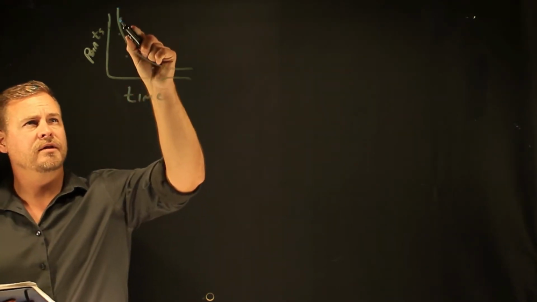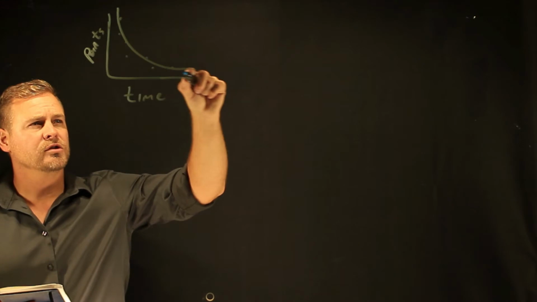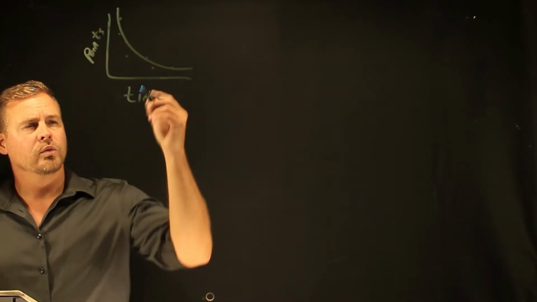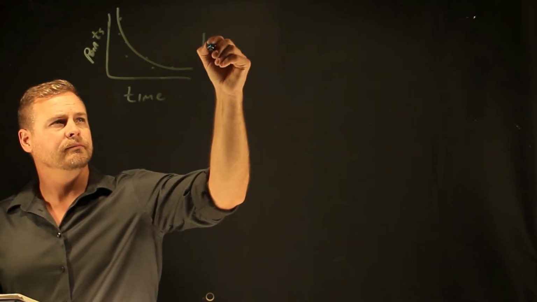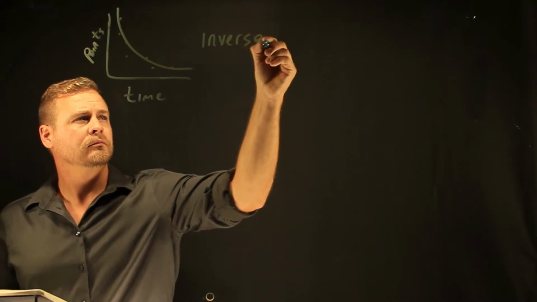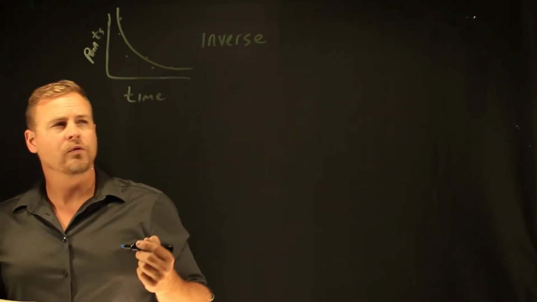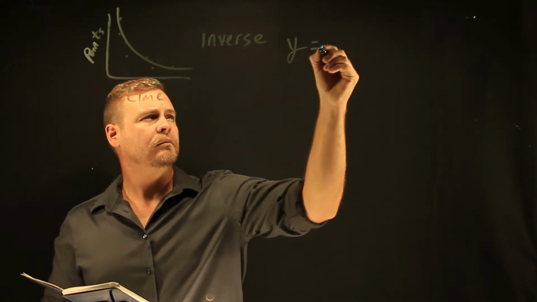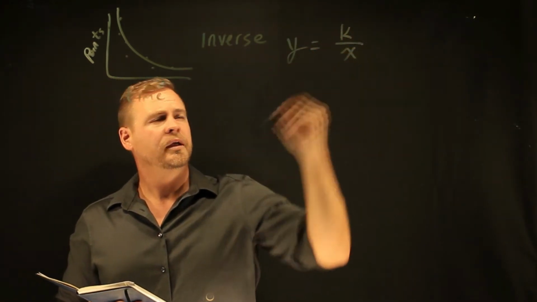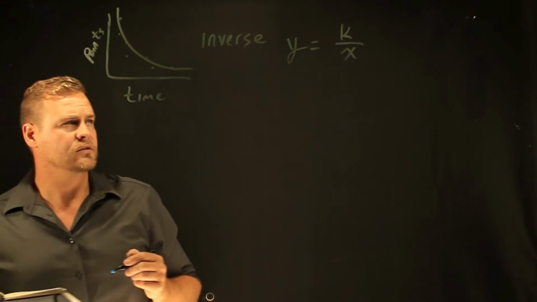And it was kind of this almost exponentially negative type curve. We call this an inverse relationship. And I understand that an inverse relationship takes the form of y equals k over x.